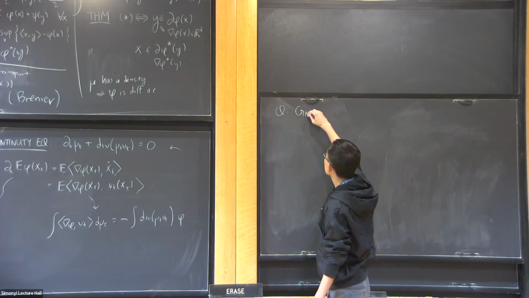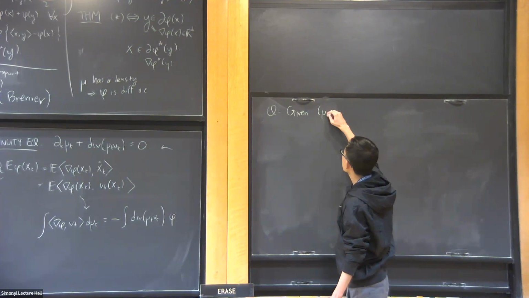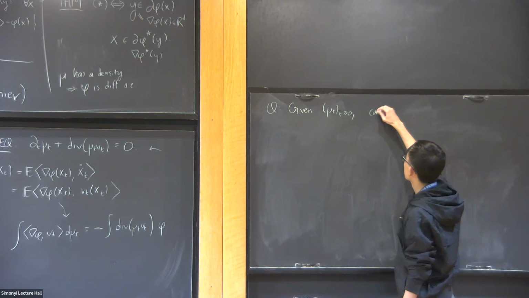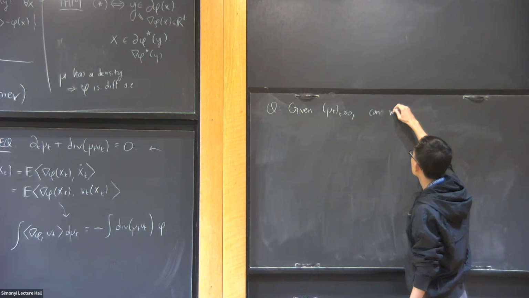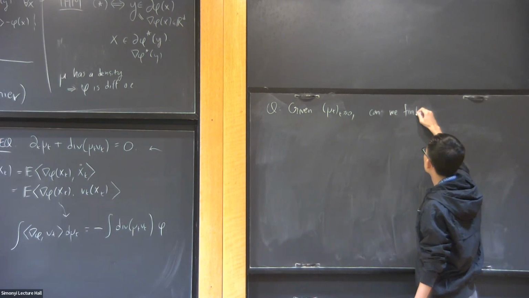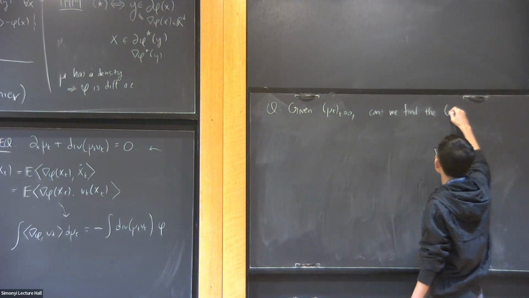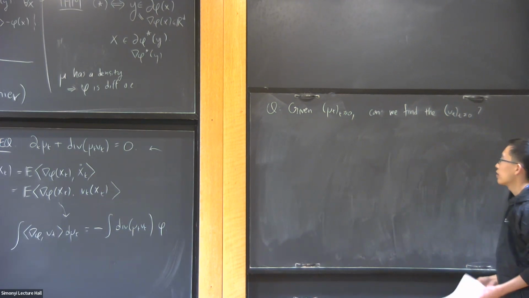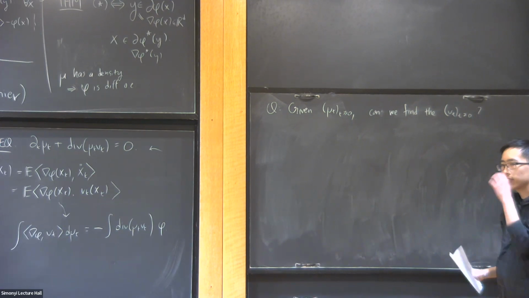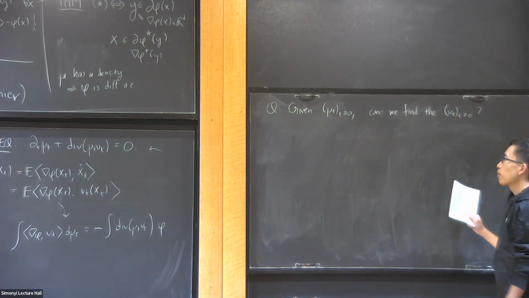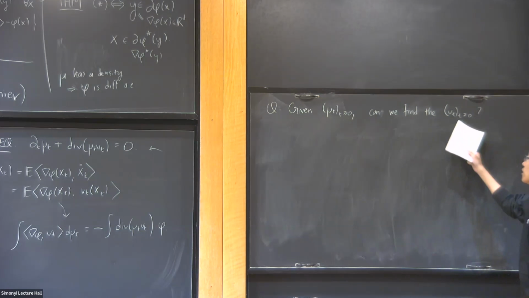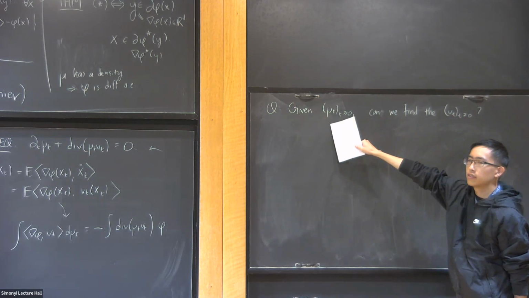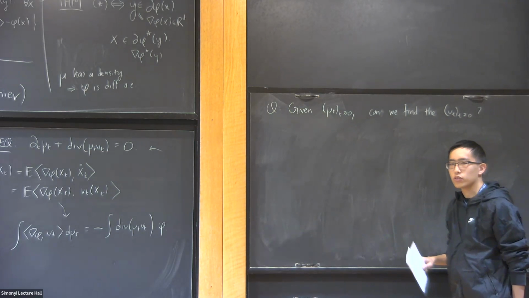So given mu_t, the curve of probability measures, we find the corresponding vector fields that drive its evolution. Suppose that we could do this. We're going to think of this as the tangent vector to this curve at each time t. So what is a tangent vector?